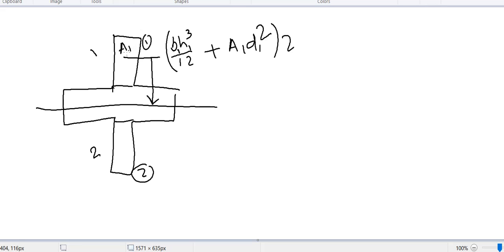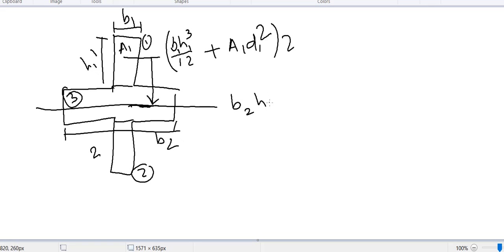Now these two are covered. Then here we will find the web. The centroid of this web section is the same as that of the composite. So b2 is this, h2 is this, so b2 h2 cubed by 12.